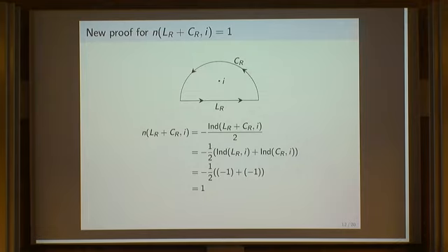Especially in this case, because the structure of LR and CR is very simple, evaluating the Cauchy index of LR and CR is very straightforward. And more importantly, this kind of proof is more uniform. It is systematic and it can generalize.